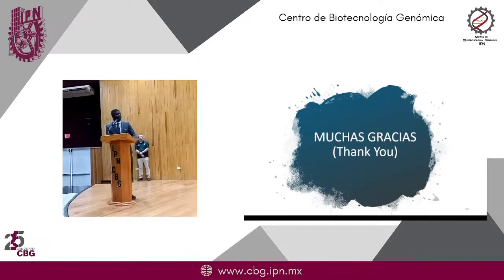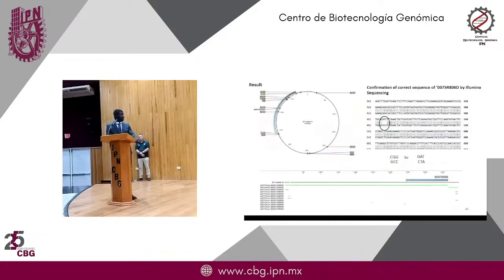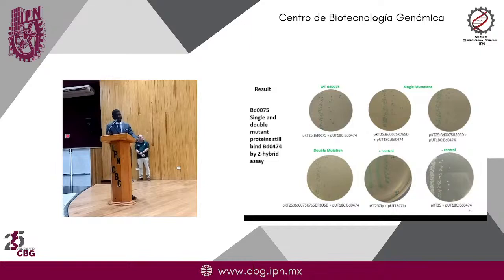Oh yeah. Okay. So the experimental validation of our results we did by the bacterial two-hybrid assay, which I already showed. All these are experimental validations of the interaction between 0075 and 474.